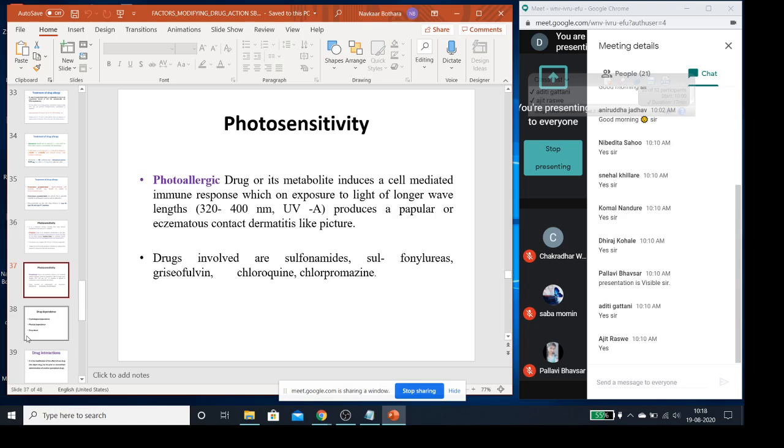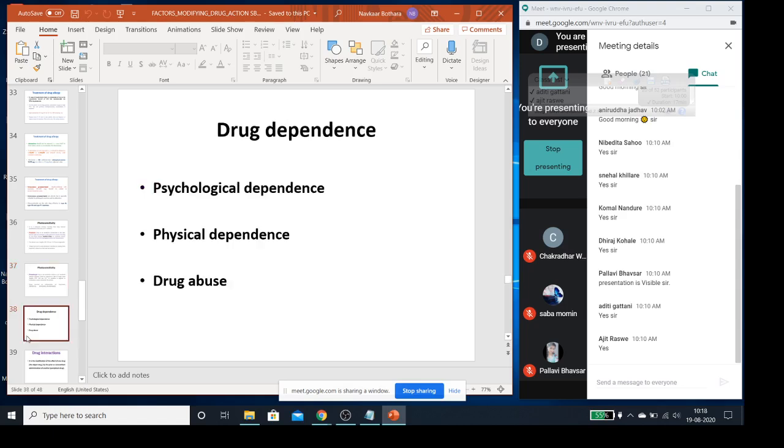It produces a papular or eczematous contact dermatitis-like picture, and the drugs are like sulfonamides, sulfonylureas, griseofulvin, chloroquine, chlorpromazine, etc. These drugs are responsible for the photoallergic type of reaction.